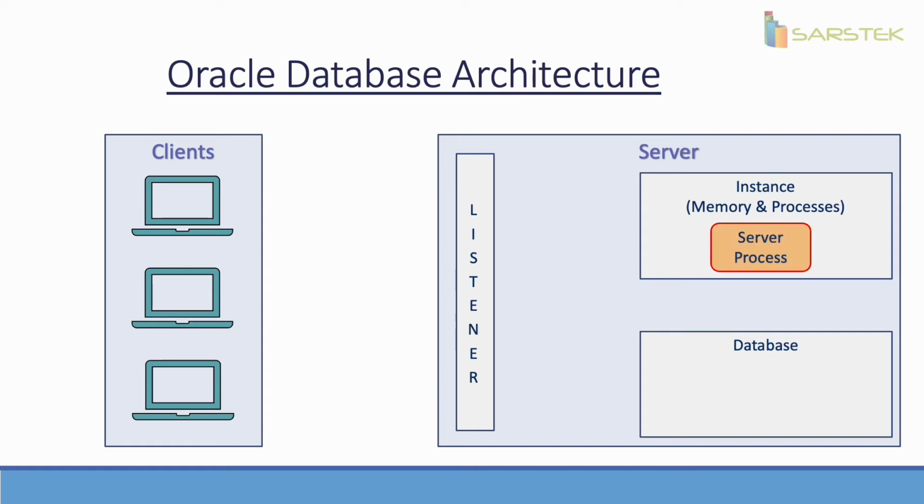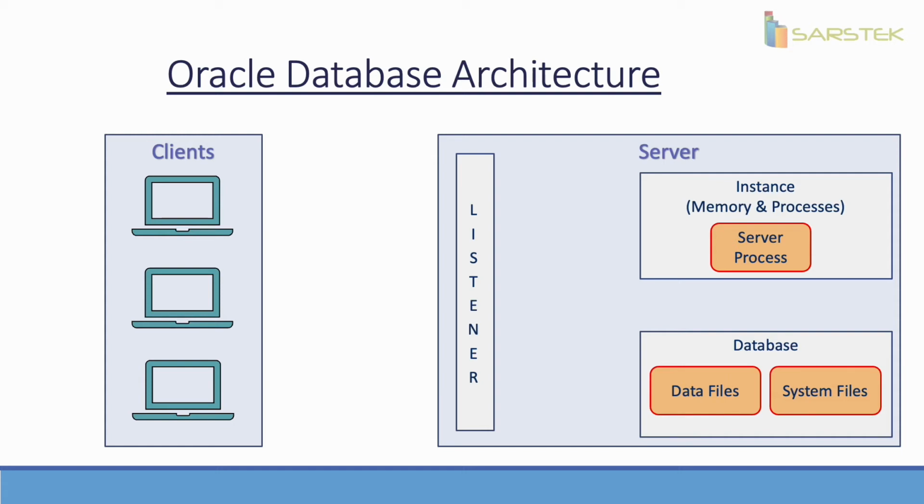For each connection from the client, the listener will create a new server process, and that server process will be interacting with the database. In the database, we have data files and system files, because all the data are stored in files. We cannot read those data directly because they are in encrypted format. We can only read those data via queries from the clients.